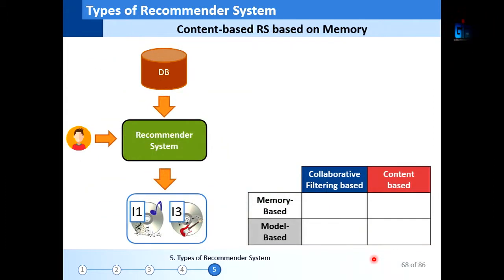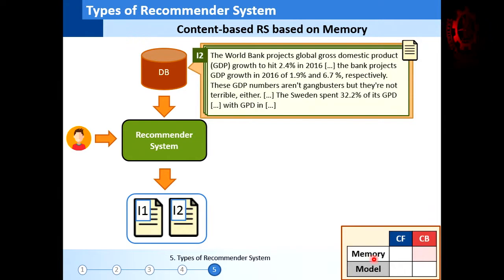And now we are talking about content-based recommender systems, which are based on memory. Here the most important issue we are going to consider is, I imagine that the recommender system needs to recommend news.